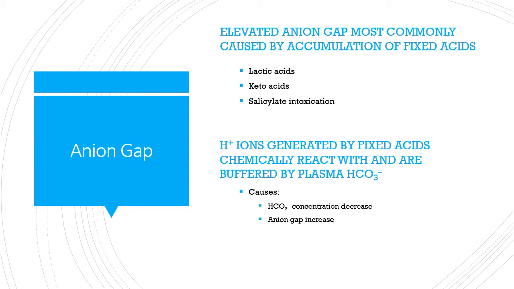However, hydrogen ions generated by fixed acids chemically react with and are buffered by plasma bicarb. As a result, bicarb concentration diminishes and the anion gap increases.